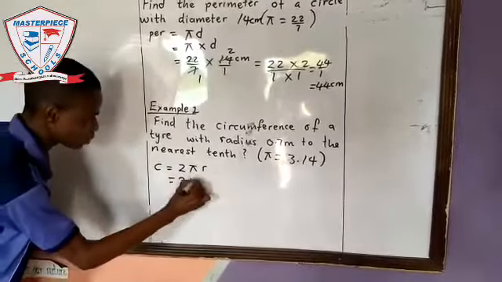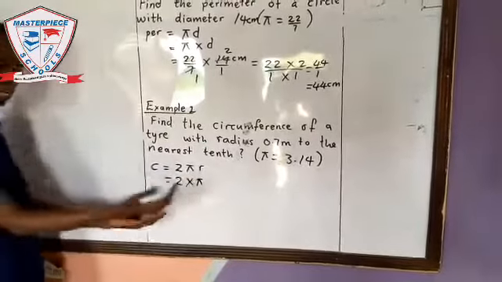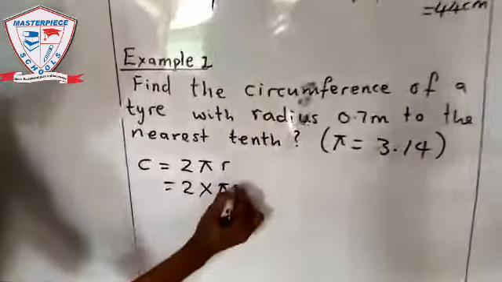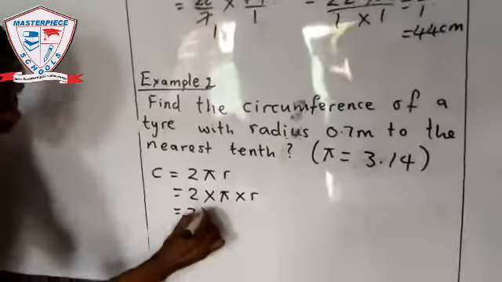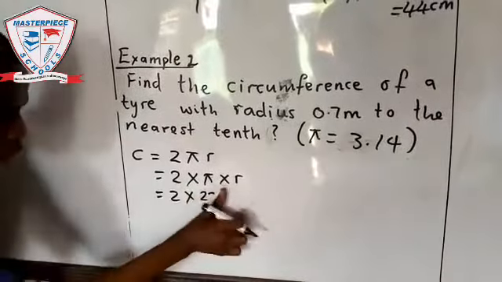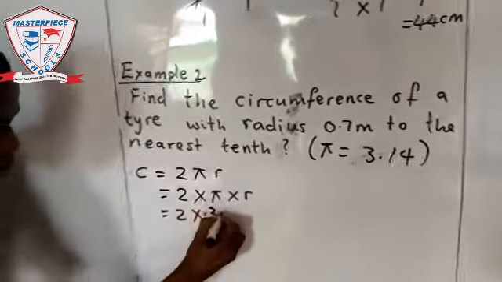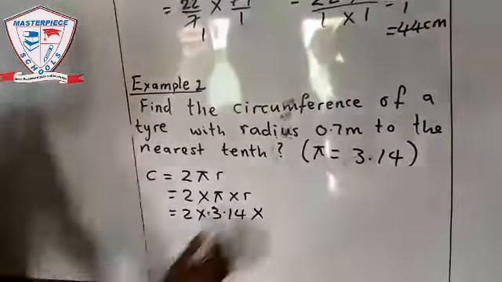So you start: 2 multiplied by your pi, times your r, which is your radius. So you say 2 times pi. What's your pi? Is it 22 over 7? No. What you have there is 3.14. Then multiply by your radius, 0.7.